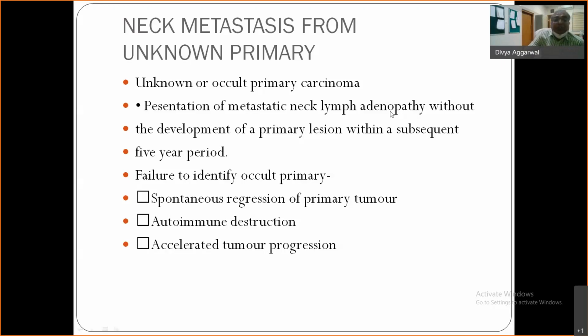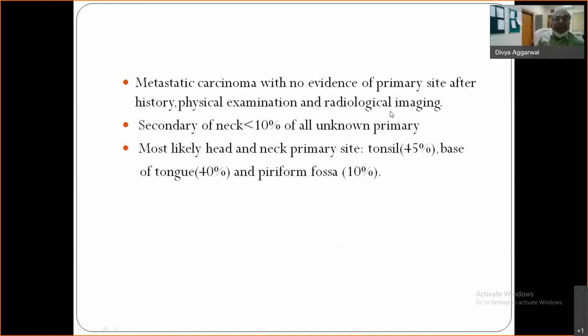You may not be able to see the primary. So metastatic carcinoma with no evidence of primary site after history taking, physical examination, and radiological examination is called an occult primary or an unknown primary.